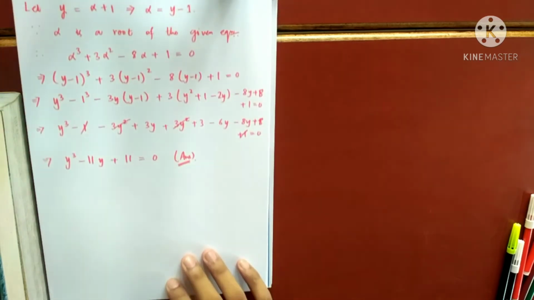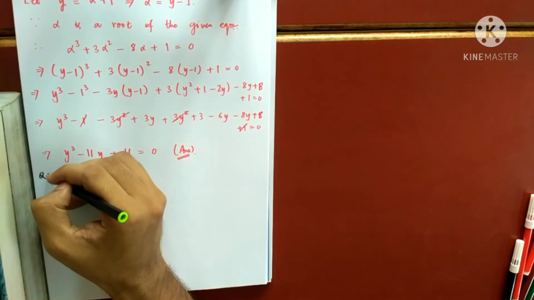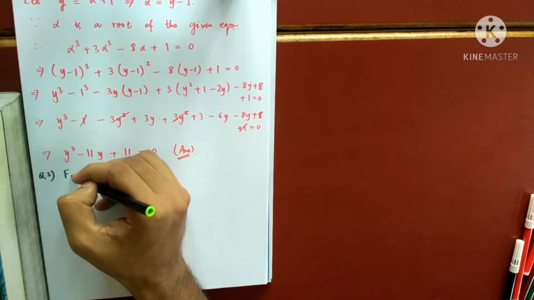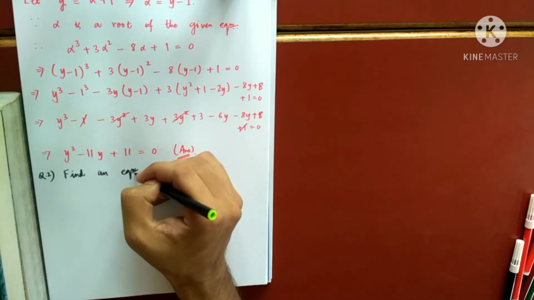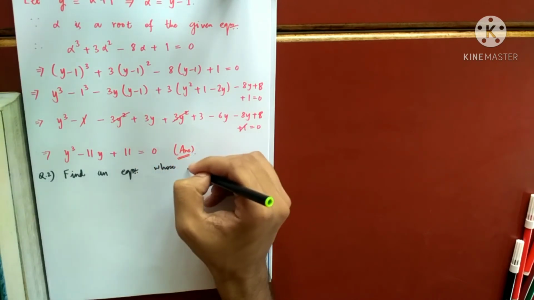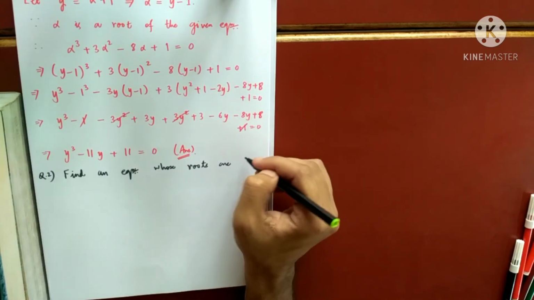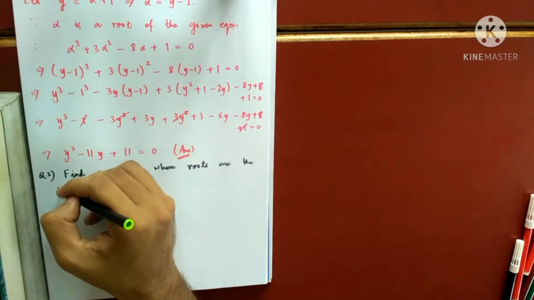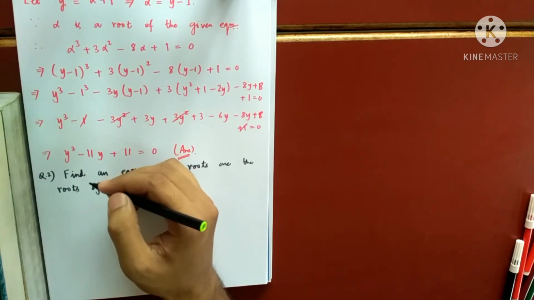Okay. Now I will do another question, a similar kind. So suppose this is question number 2. Find an equation whose roots are the roots of this equation. What is the equation?